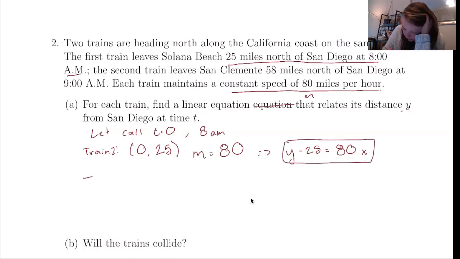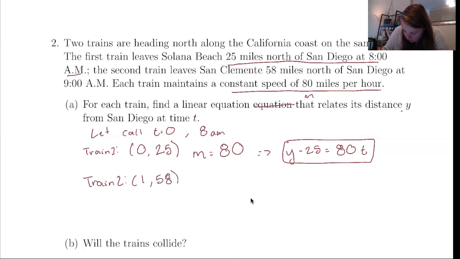Okay, and then train 2, at 9 a.m., so an hour after 8 a.m., what time? That would be, oh yeah, t equals, oh careful, there's no x here, it's only t's, so that's a t. That's something to watch out for. And then, so at t equals 1, 1 hour after 8 a.m., it's 58 miles.